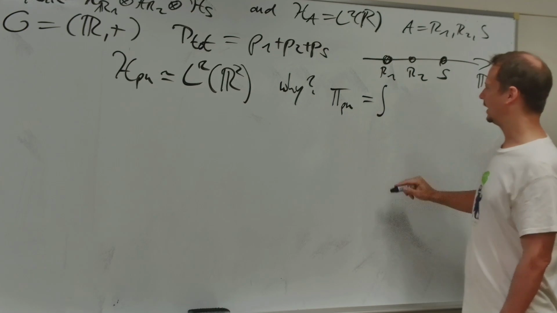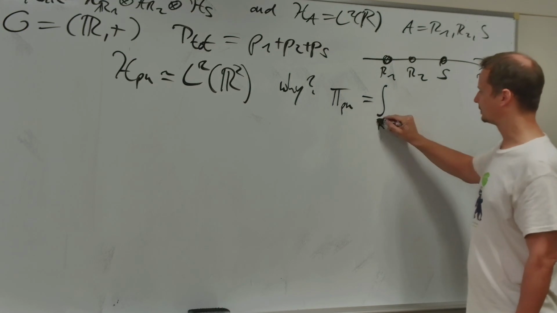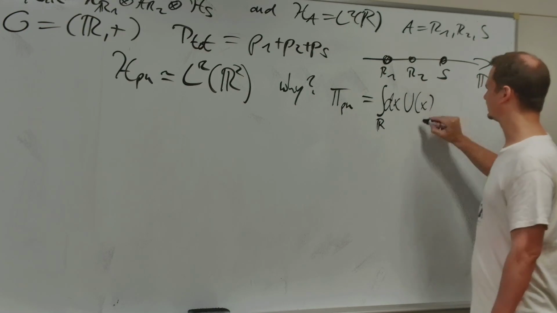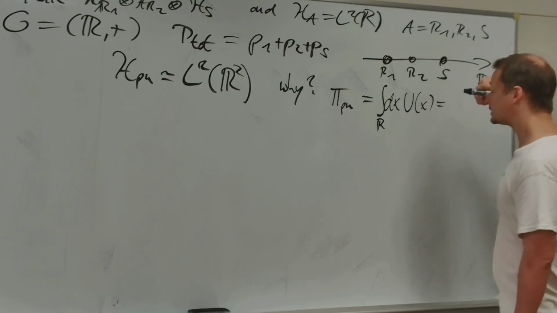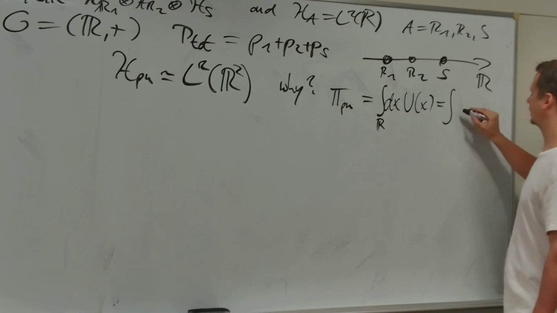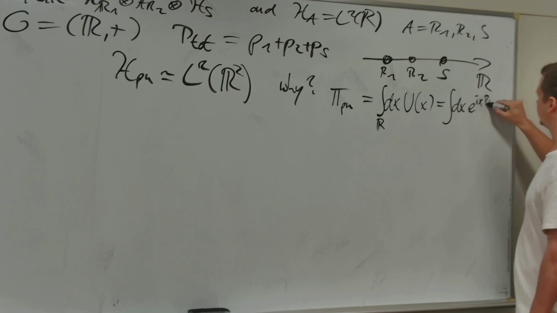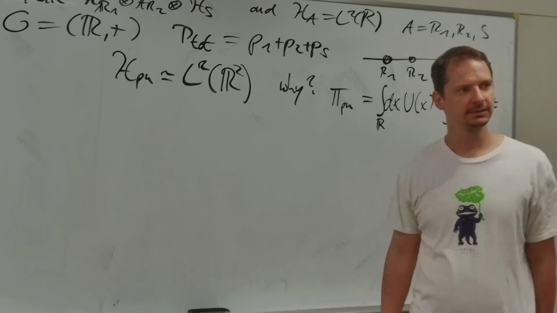So here we will have the translation group R, with Dx, and then U of x, which is e to the i x P total in this case.